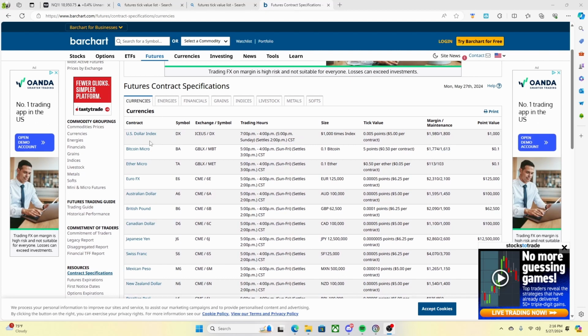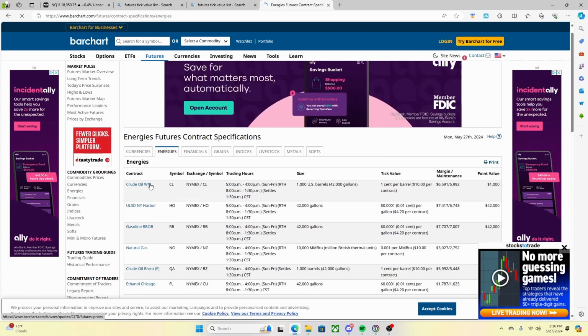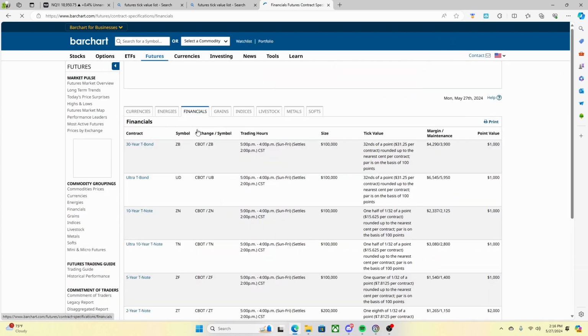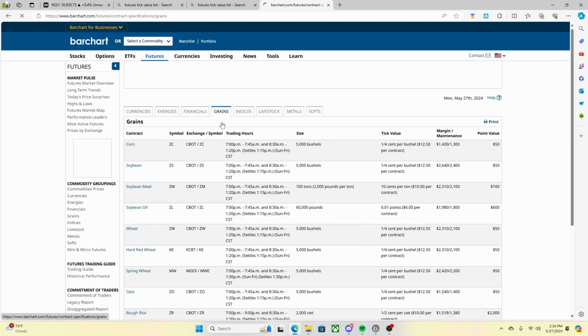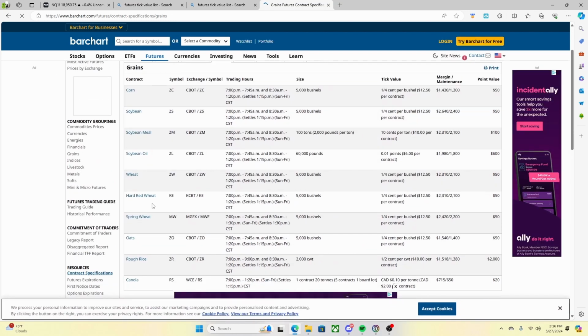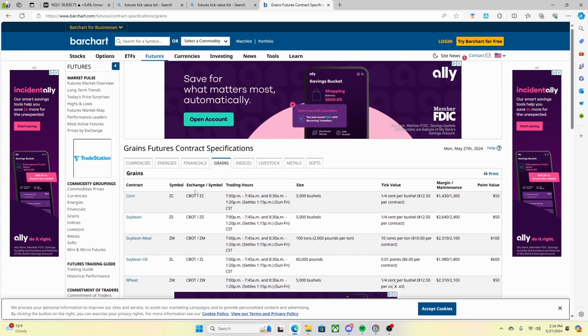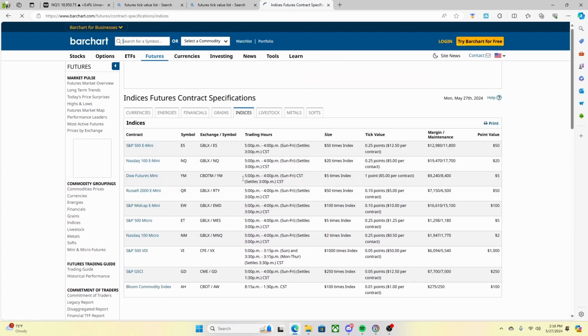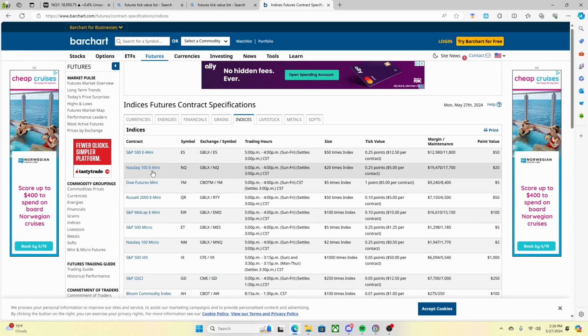So currencies like U.S. dollar, Bitcoin, Ethereum. You can trade energies like crude oil, financials like bonds, notes, grains. You could trade corn and soybean and wheat, other stuff like that. Then indices. This is what I trade, specifically the Nasdaq 100.